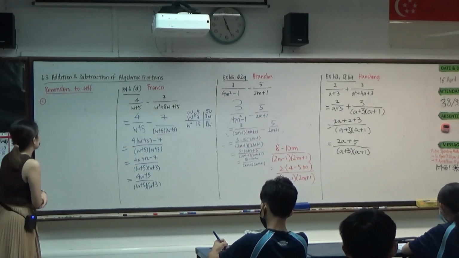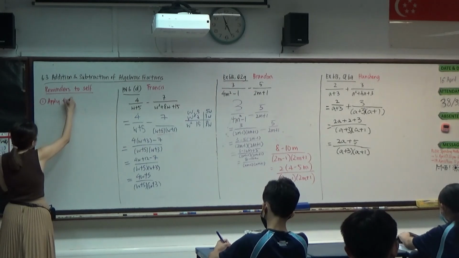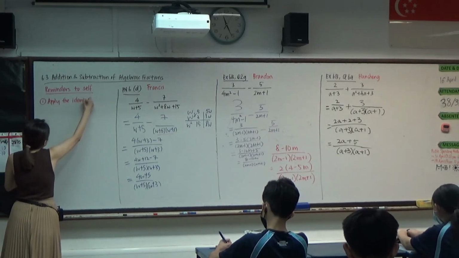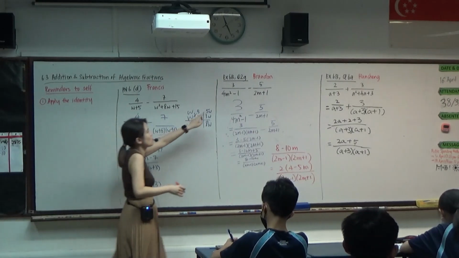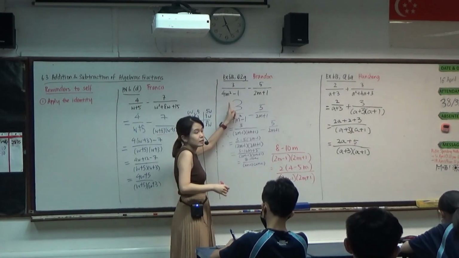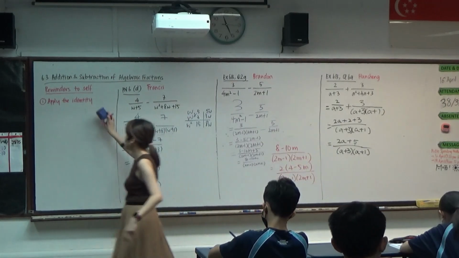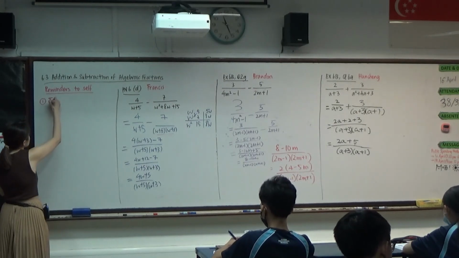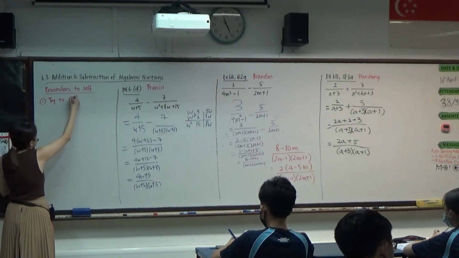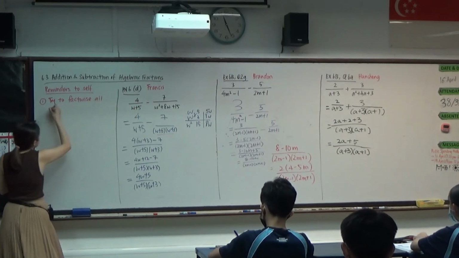The identities. So apply. Which identity are you looking at? I think more commonly we see a squared minus b squared being used, correct? So maybe instead of talking about identities only, we want to remind ourselves to try to factorize all denominators.